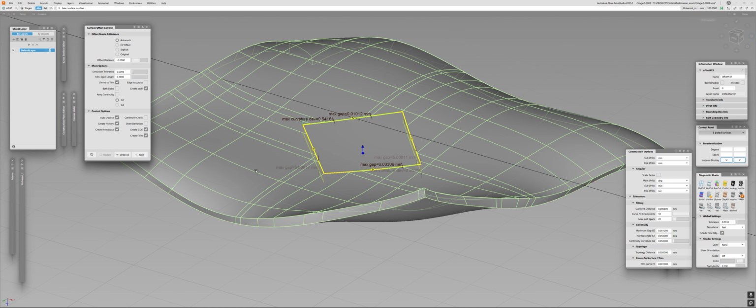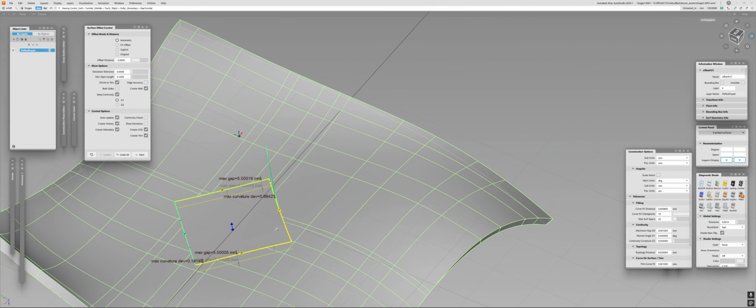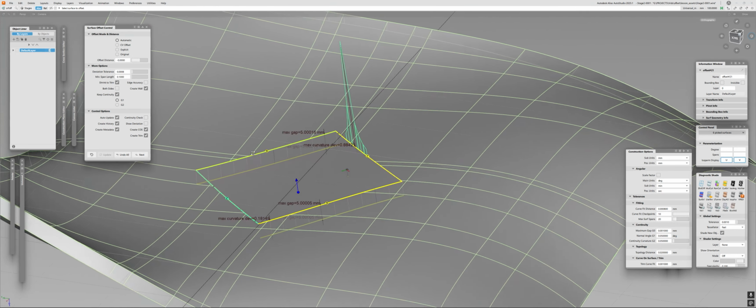It didn't really pan out for us. So we can say, well, I would like to keep continuity. How about that? This is not a circular shape, so maybe that will work. Let's give it a try. Okay, so it tries. Didn't really pan out very well, but it tried.